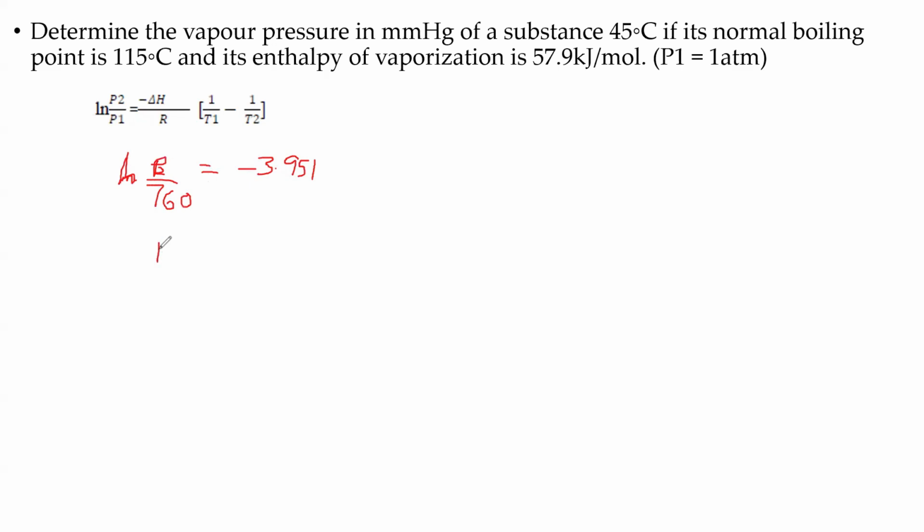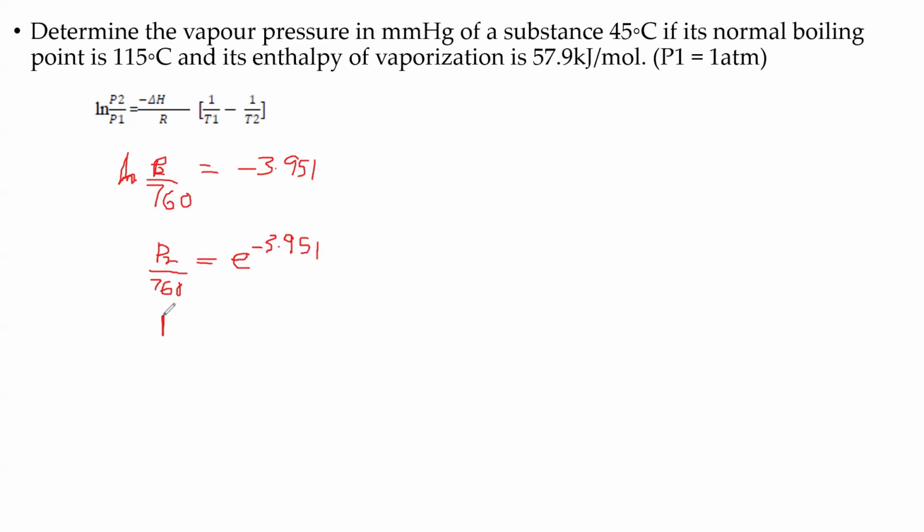So therefore, we are now going to have P2 all over 760. And of course, remember, if we take the ln to the other side, it's going to change to exponential. So it's going to be exponential of minus 3.951.